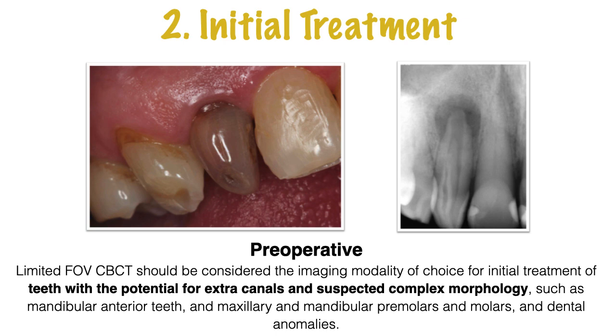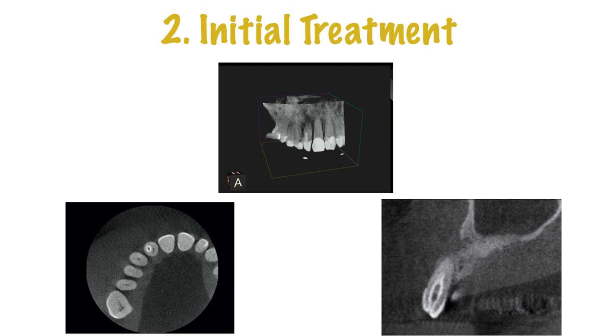This is a peg lateral. So preoperative, we may want to take a CBCT scan because look at dens invaginatus, type 3, an extremely complicated case. If this tooth is to be maintained, the best approach would be to take a CBCT scan to investigate the anatomy better.